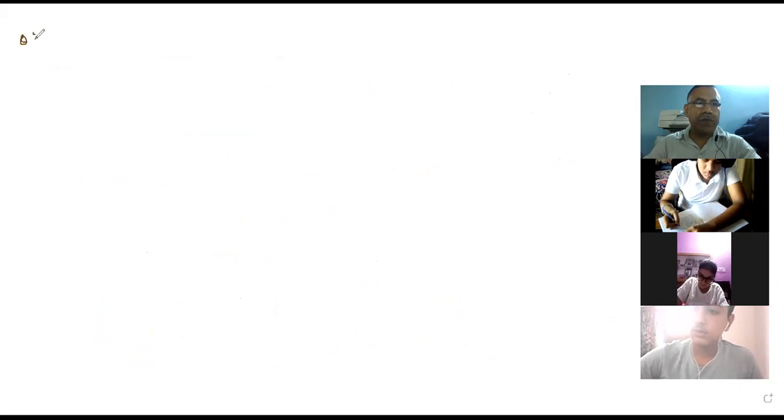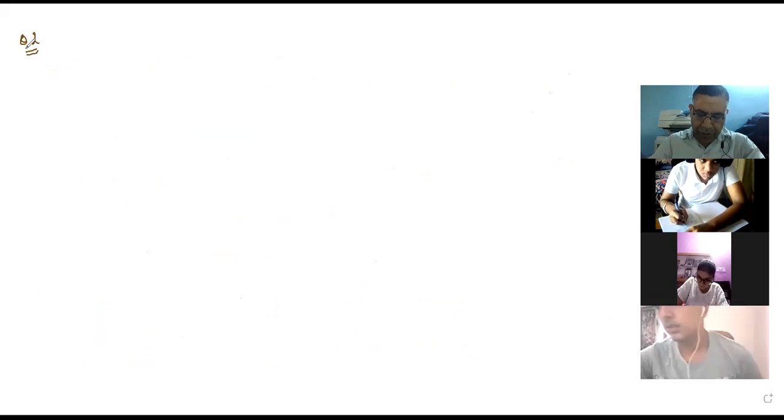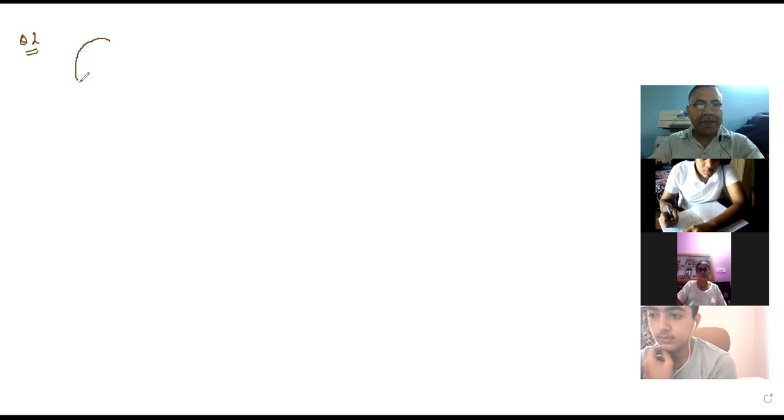So come to the next question of exercise 10.1. Question number 2. These are the blanks. We'll use the previous knowledge which we have just discussed. A tangent to a circle intersects it in dash points. Now see, this is a circle with me. I have taken a single point here, let the point be T. So what is tangent?